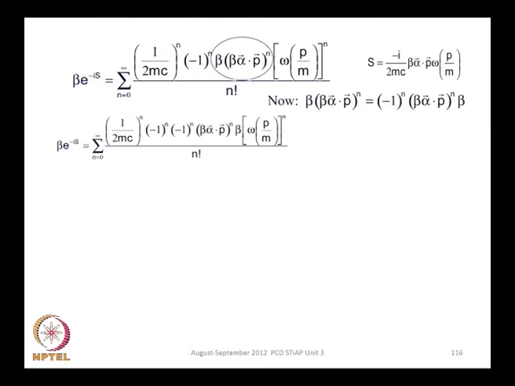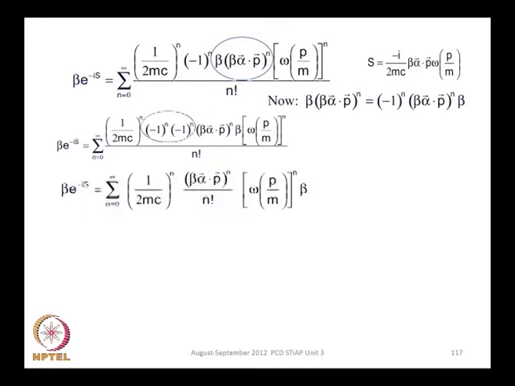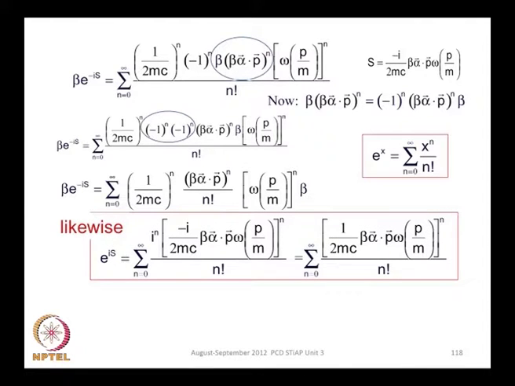So you can substitute this operator by this term, you get -1 to the n which is already here, another -1 to the n over here. So that will give you -1 to the 2n, which will always be +1 no matter what n is, odd or even, and then the remaining terms take a rather simple form. So this is your expression for beta e to the minus i s, and using the same kind of analysis you can show that e to the plus i s has this form, and you need both of them.